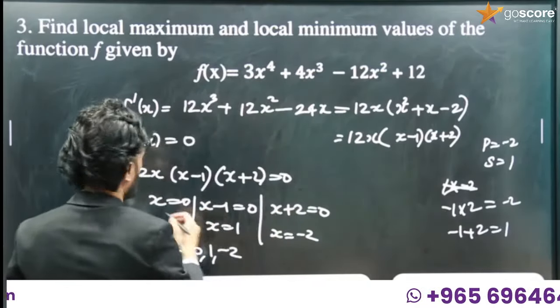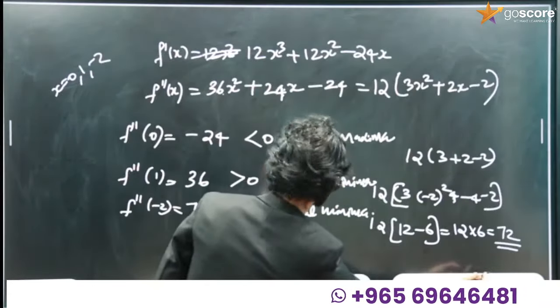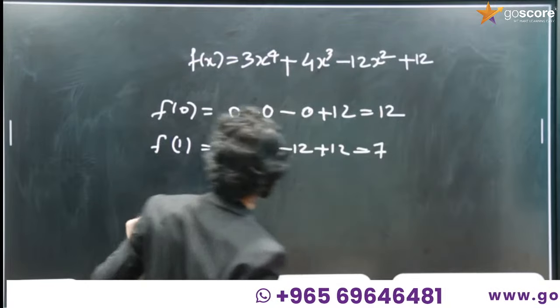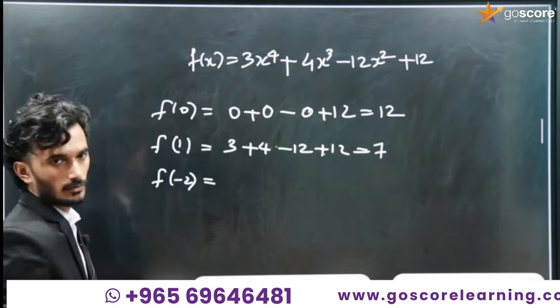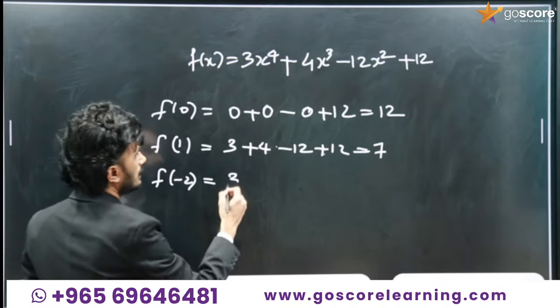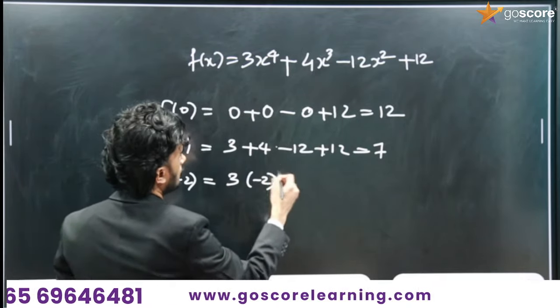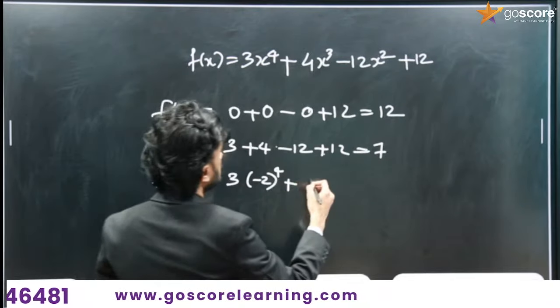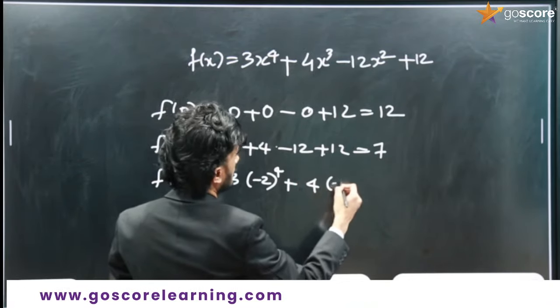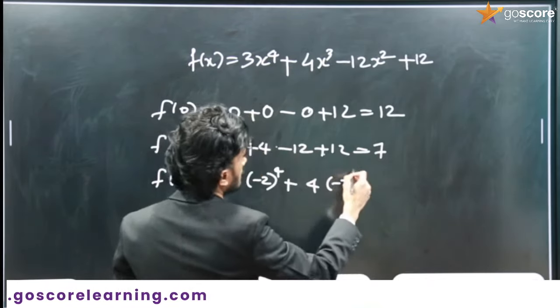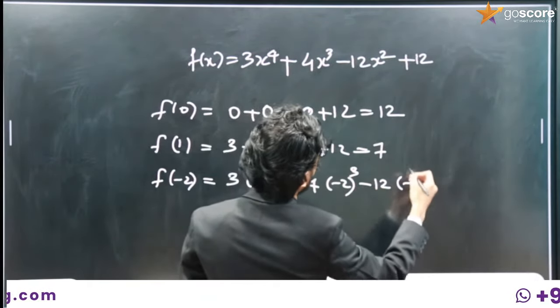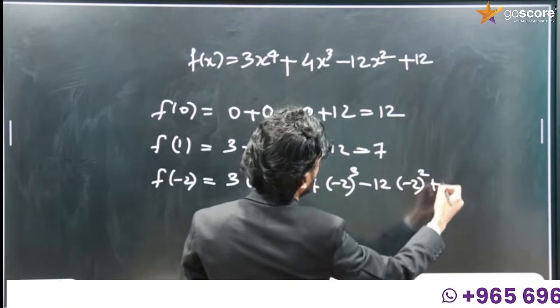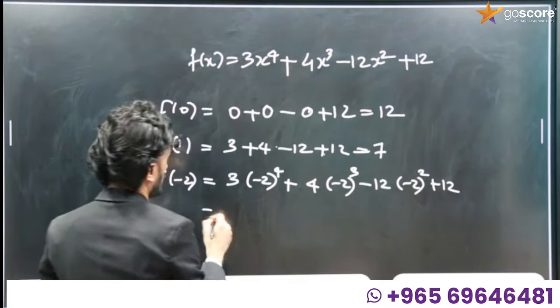Then last we will find this third value, minus 2. F of minus 2. What is f of minus 2? 3 into (minus 2) raised to 4 plus 4 into (minus 2) raised to 3 minus 12 into (minus 2) square plus 12.